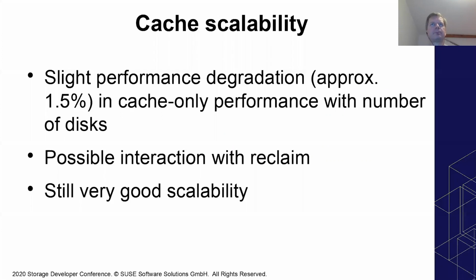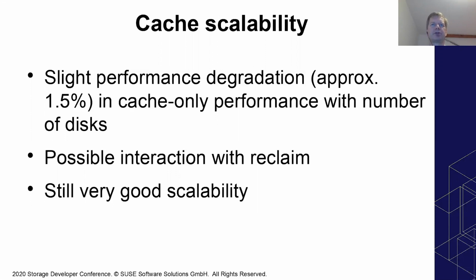So for the raw cache scalability, there is a slight performance degradation, which increases with the number of disks. And this might be due to an interaction with the reclaim mechanism, because even when we are operating just out of the cache, the reclaim mechanism is still being started to figure out if there's anything to be done.